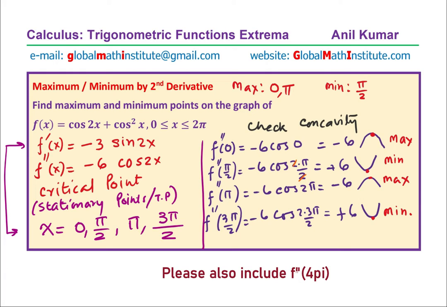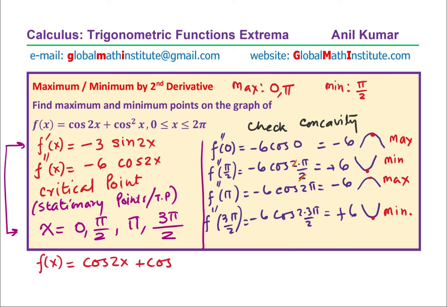So, do you see? We got our minimum and maximum points for the given function. And what was the function? The function is just given here, but we know what the function is. This function f of x, which is given to us as cos of 2x plus cos square x.